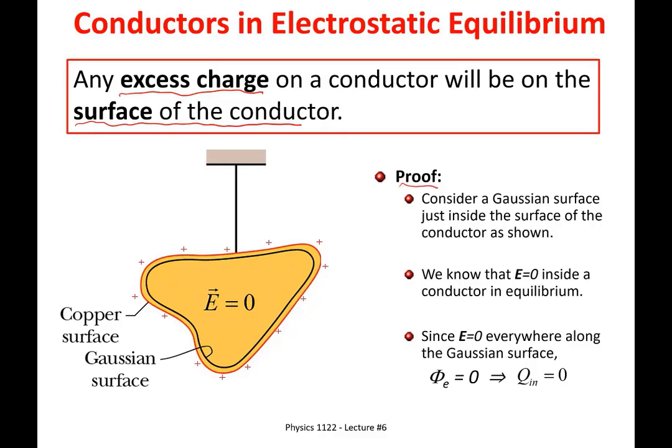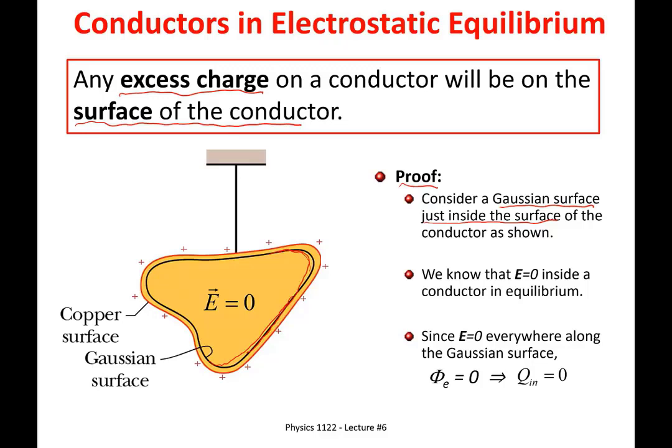We can consider a Gaussian surface just inside the surface of the conductor as shown. This little black line represents a Gaussian surface just inside of the conductor. Since we know that the electric field inside the conductor has to be zero when it's in equilibrium, that means that E is equal to zero at every point along this Gaussian surface.